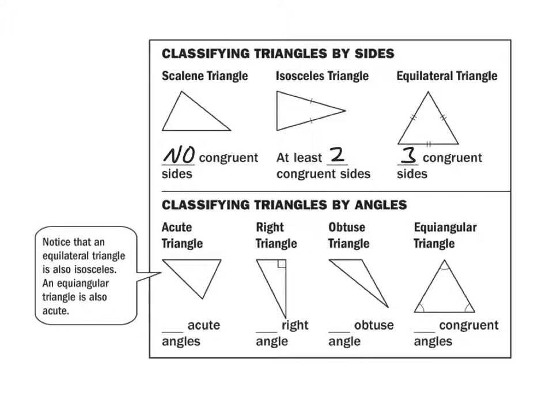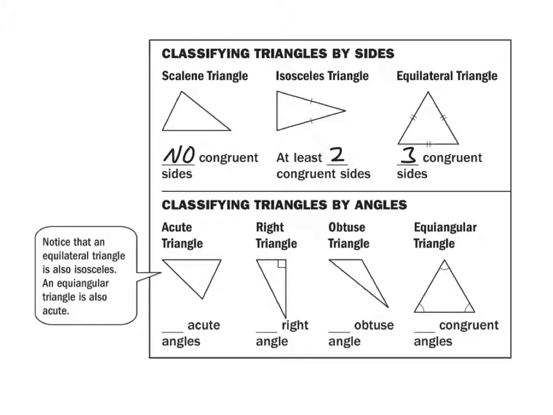And so it can be said that all equilateral triangles are also isosceles. But not all isosceles triangles are equilateral. So careful on that one, but that's why we put that at least in there. Equilateral triangles have 3 congruent sides. Equilateral, lateral talking about lines, so equal lines.